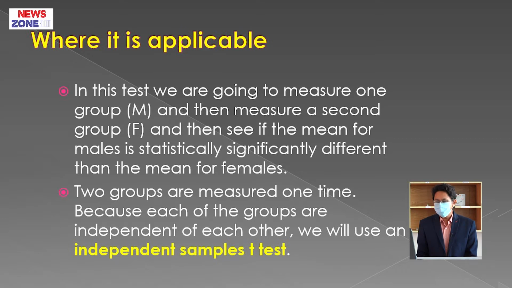Two groups are measured one time, because each of the groups are independent of each other. We will use an independent samples t-test.